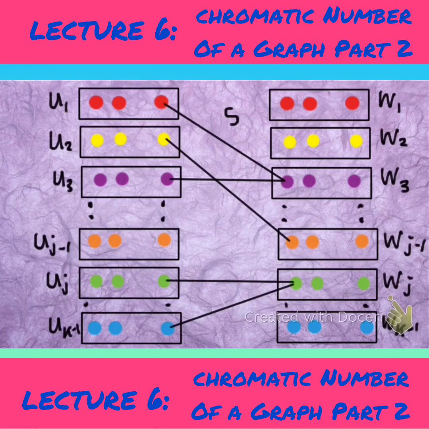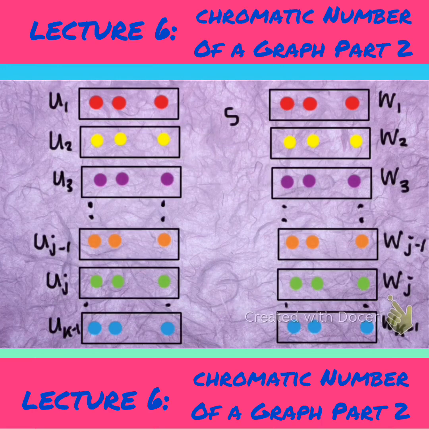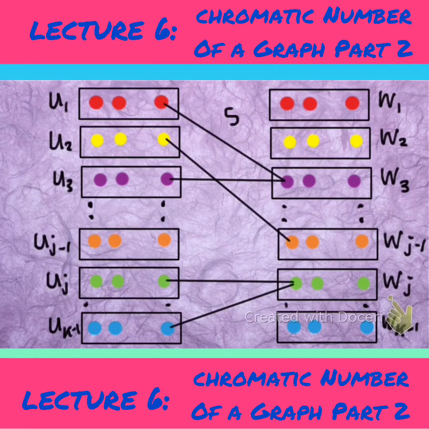If I remove these edges, we're going to delete those edges, and we're going to have 2 graphs that result, G1 and G2. Now G1 can be colored with at most k minus 1 colors, and we can color G2 also with k minus 1 colors.